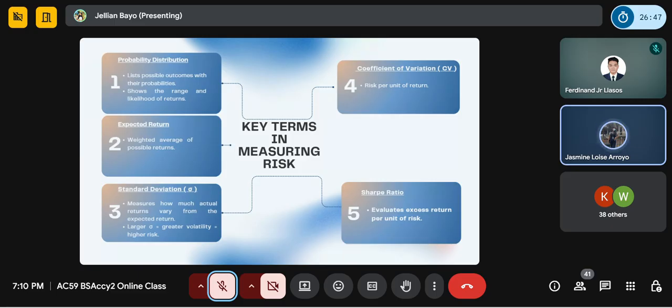First, we have the probability distribution. It lists all possible outcomes with their probabilities. The possible outcomes are your returns, and the probabilities are the likelihood of those returns. It shows the range and likelihood of your returns, and it helps us visualize how uncertain or spread out the possible returns are.